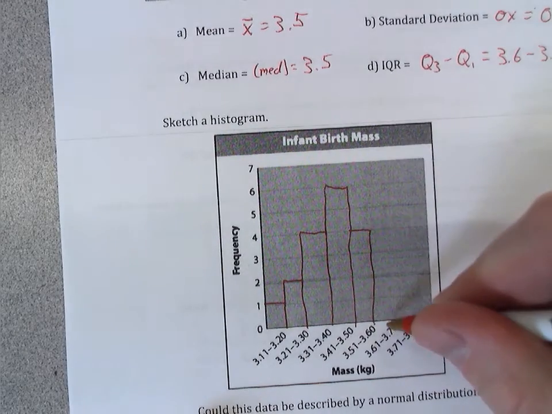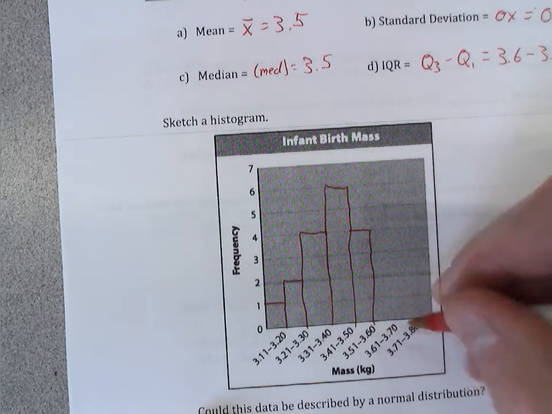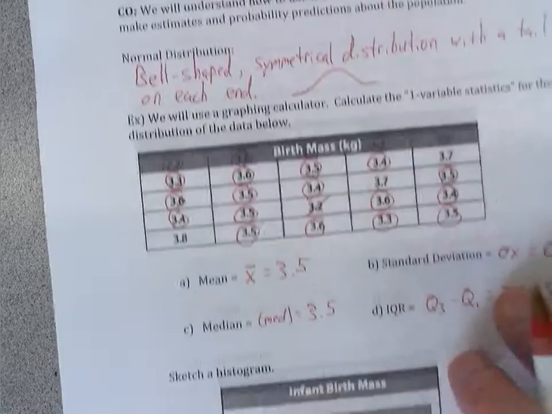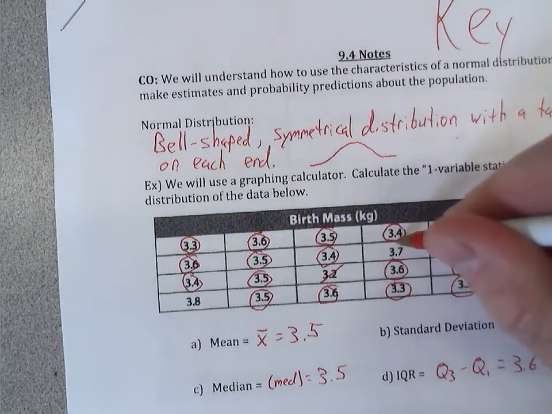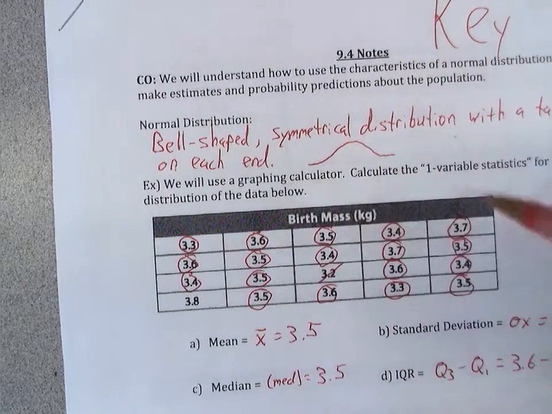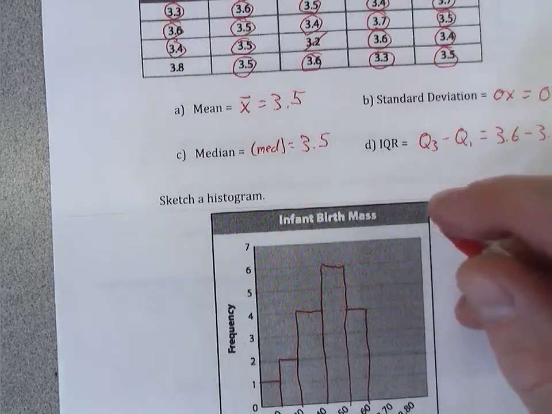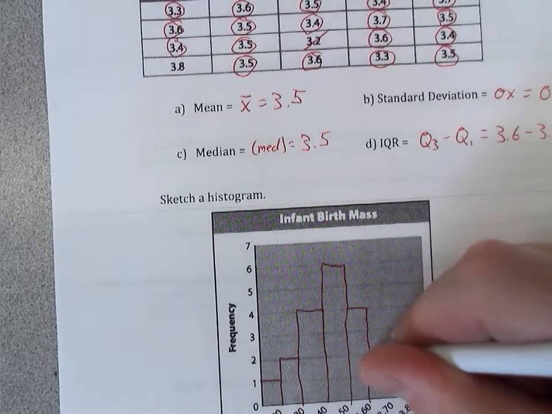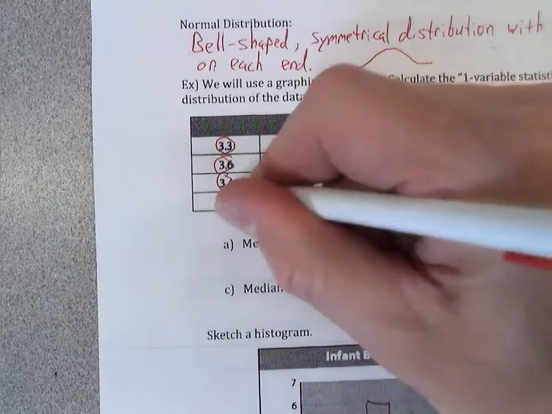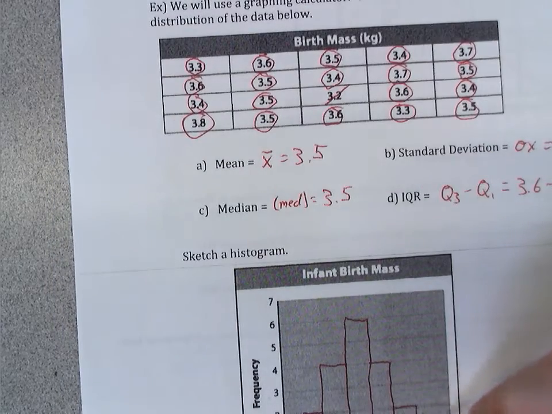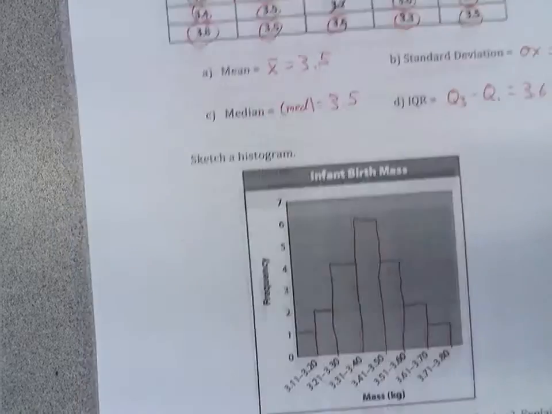All right, how about data that goes all the way up to 3.7? Back to my data. 1, 2. So it looks like there are just 2 of those values. And then for my last, up to 3.8, there's only 1. Okay? And there's my distribution.